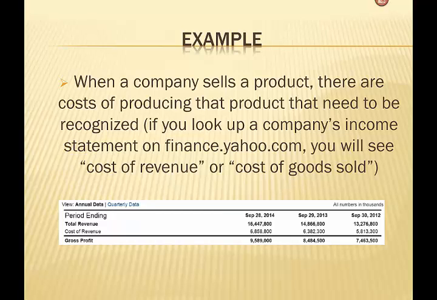When you put in that symbol, down in the left hand column of the screen, you will find the financial statements, and you click on income statement. And this is an actual copy of what I recently pulled off for an income statement for Starbucks.